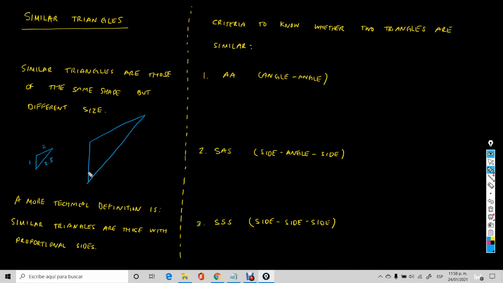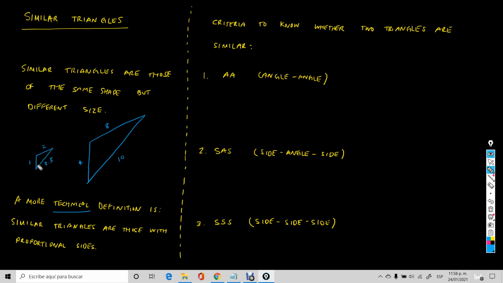And the sides for this other triangle, let's suppose that they are 4, 8, and 10. So you have these two triangles, they are similar, and a more formal, more mathematical way to demonstrate that they are similar is by realizing that they have proportional sides.